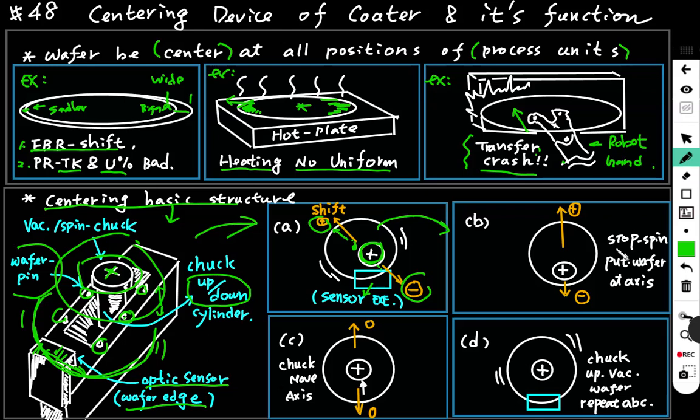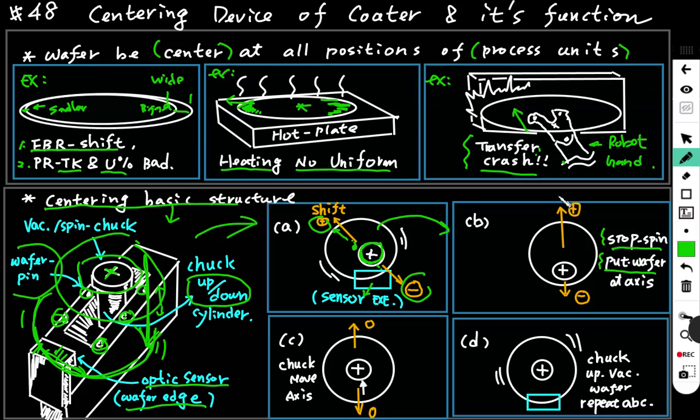After the device keeps it, step B: the chuck stops spinning, and the chuck goes down. Stop vacuum and go down to put the wafer on the pin. The wafer pin. When stopping spin and putting the wafer down, from step A the device knows which way it shifted.